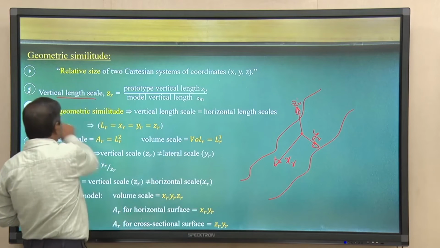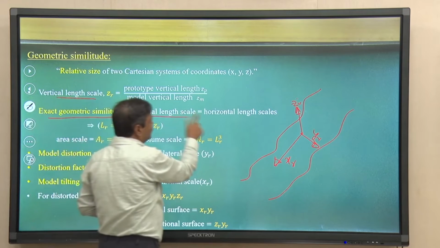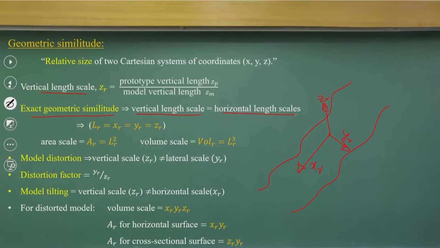When you do exact geometric simulation, that means your vertical length scale is equal to the horizontal length scales. That means XR is equal to YR equal to ZR, which can be done for a smaller stretch. It is exact similitude, meaning you are not distorting it.